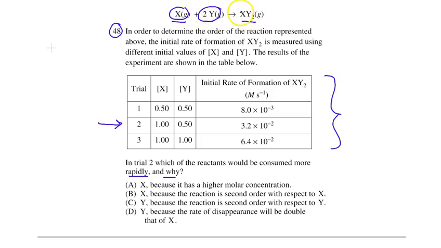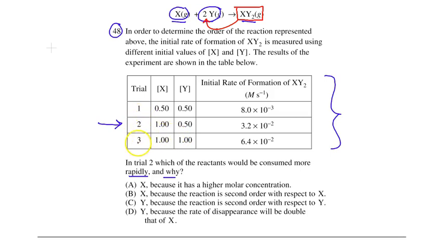The rate of formation of your product is equal to exactly the rate of disappearance of X, but the rate of disappearance of Y is what? Twice the rate of disappearance of X because of the 2. So you're going to lose Y twice as much as you lose X because you need 2 of them to come together. So you don't really have to deal with any of this, but look at the stoichiometry.